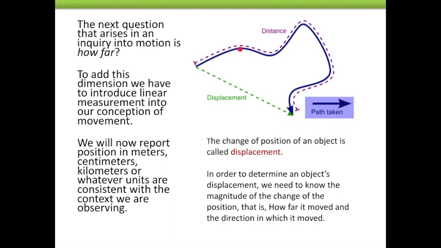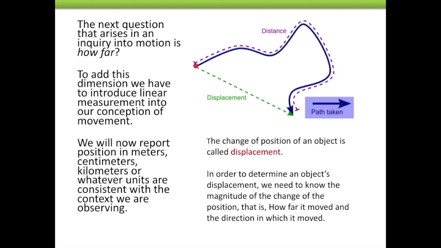And then we have to walk all the way around the lake to get to our favorite spot to fish, to picnic, to camp, to read a book, anything like that. So this is XF, the final position. Well, that overall path that we took, that is our distance traveled.